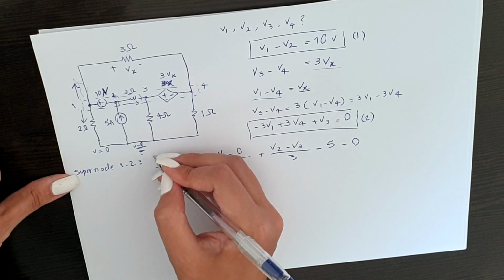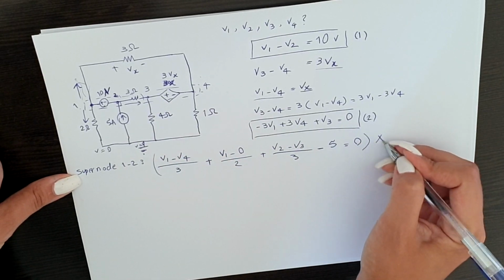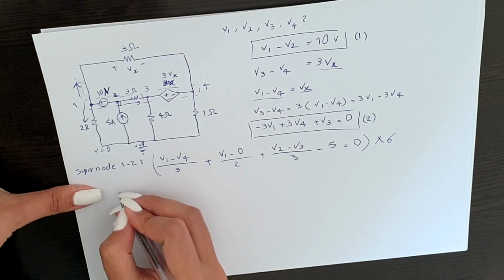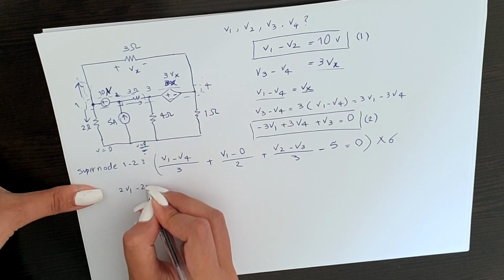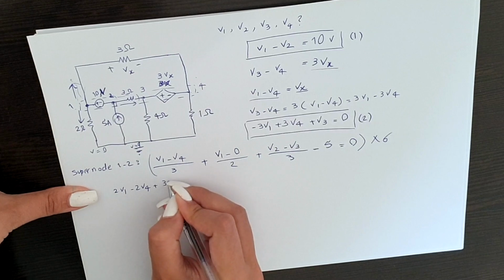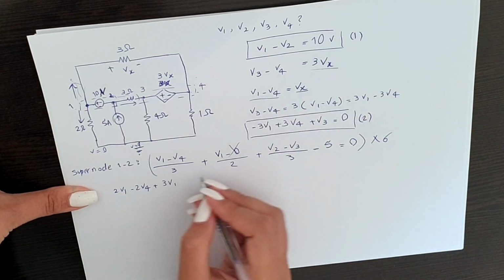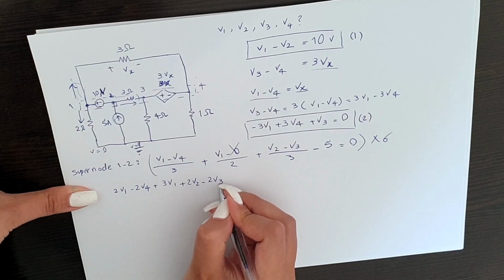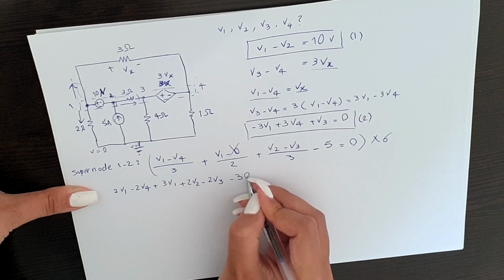To make this easier, we multiply the whole thing by 6 to omit our denominator, which gives us 2V1 minus 2V4 plus 3V1, plus 2V2 minus 2V3 minus 30 is equal to 0.